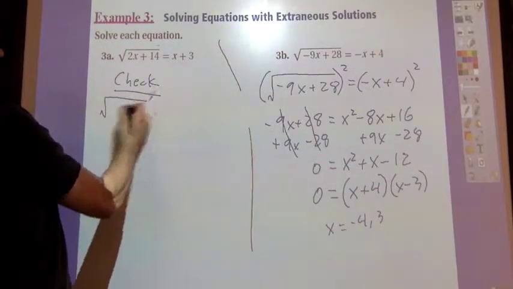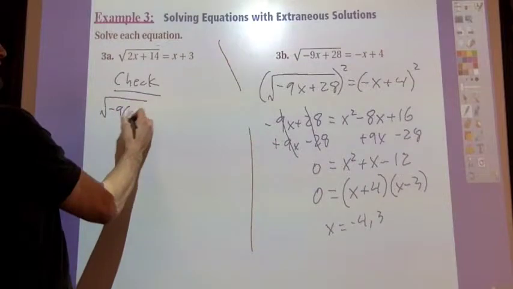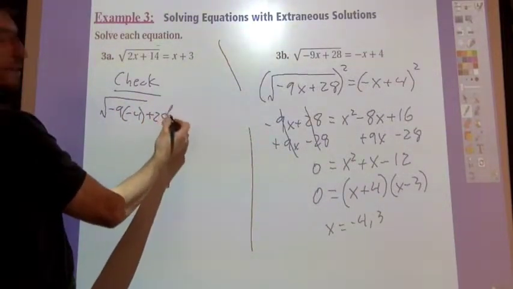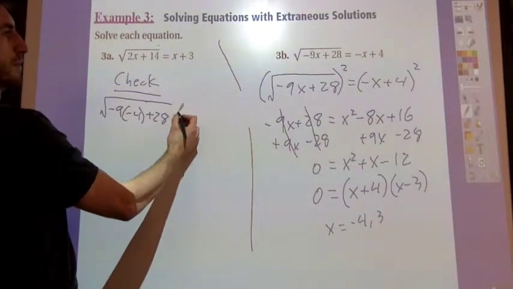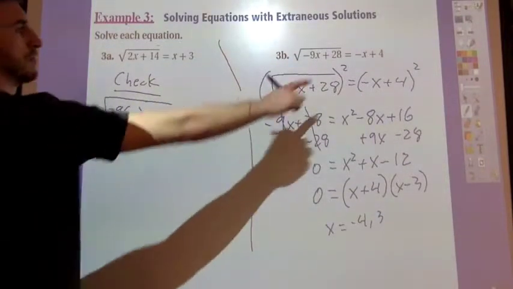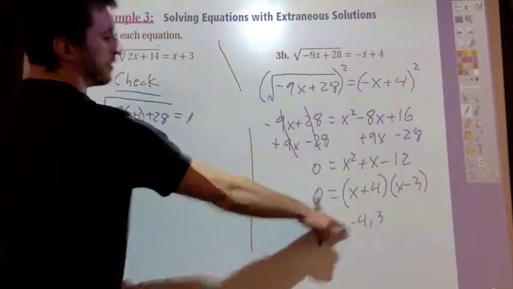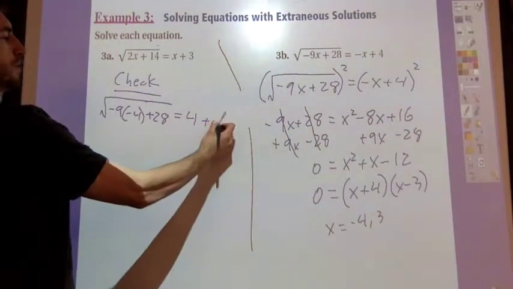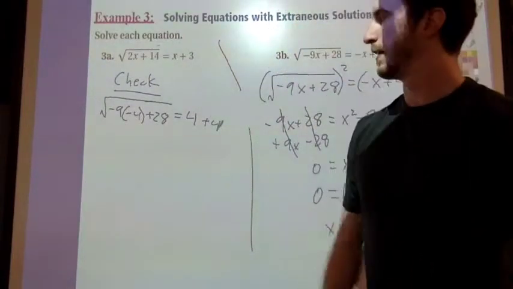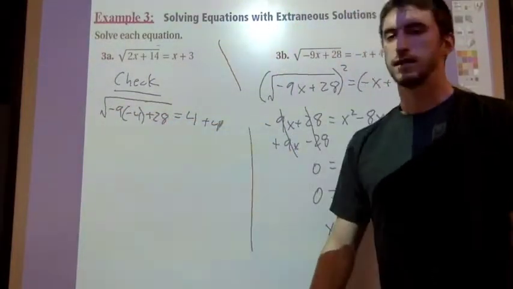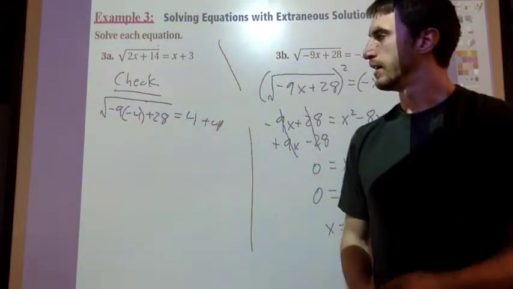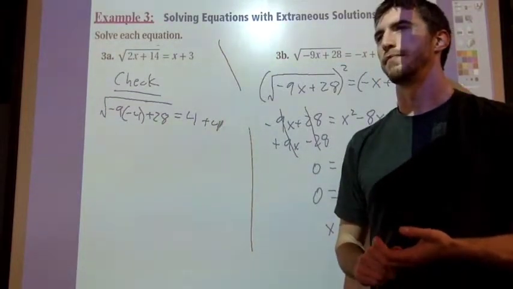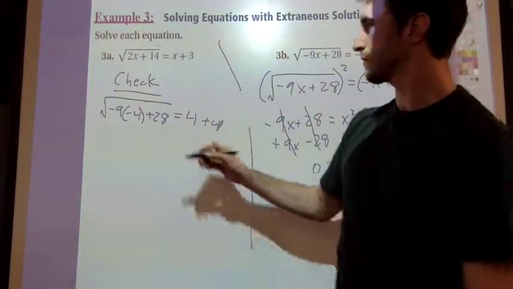So we've got the square root of negative 9 times negative 4 plus 28 equals, so this is negative x. So since my x is negative 4, this is going to be positive 4 plus 4. Negative 9 times negative 4 is a positive 36.